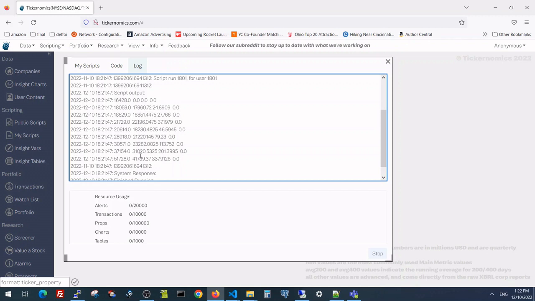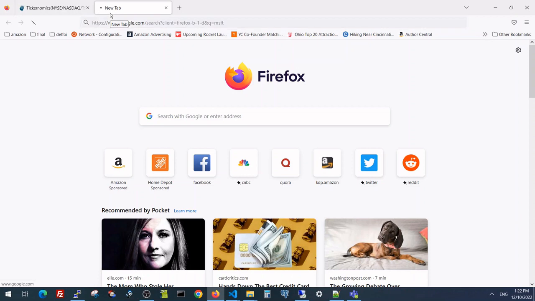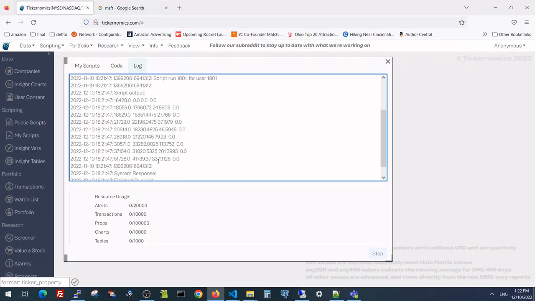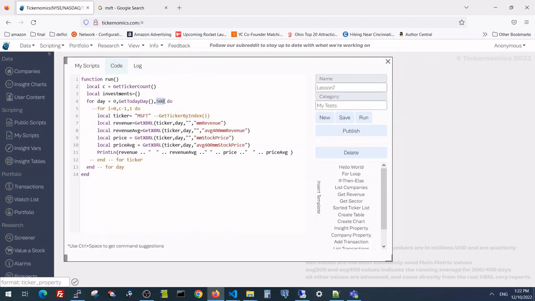Revenue grows and it looks good to me. The stock price, yeah, what is Microsoft stock price today? 245, and this is 300. It's before the plunge, I guess. Okay, and because my steps are bigger than a year, that's totally fine.